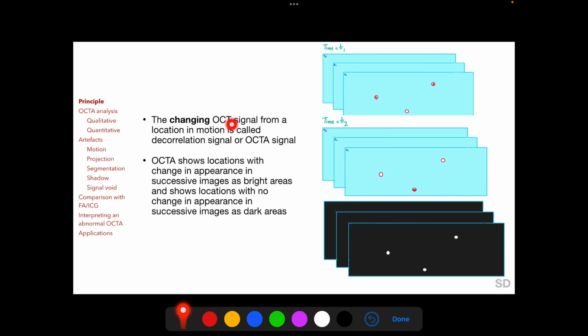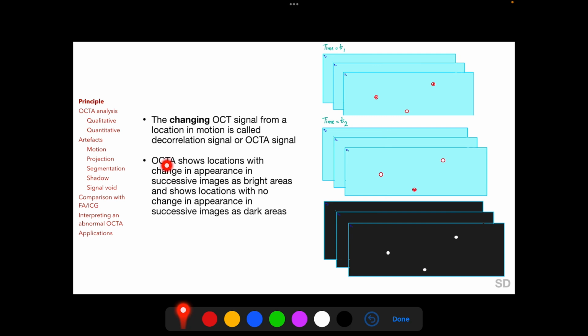So an OCT signal from a reflecting tissue carries information regarding the depth and reflectivity of the tissue, and OCTA signal from a tissue carries information regarding the depth and the temporal change in the property of the reflected OCT signal from that tissue.